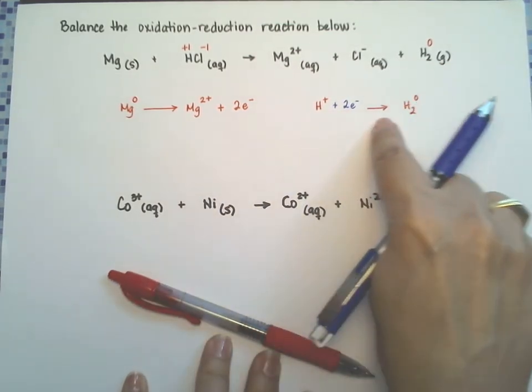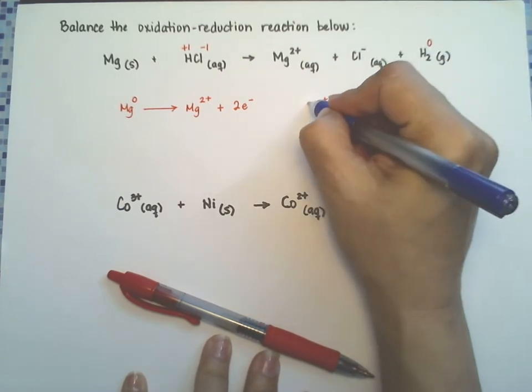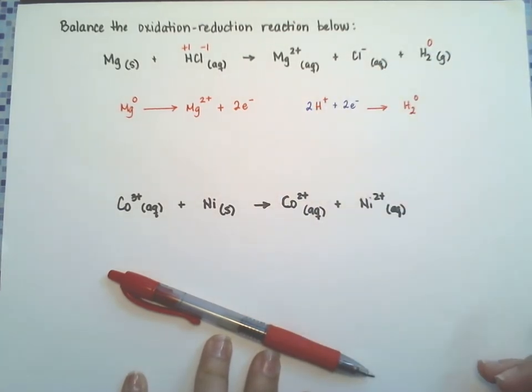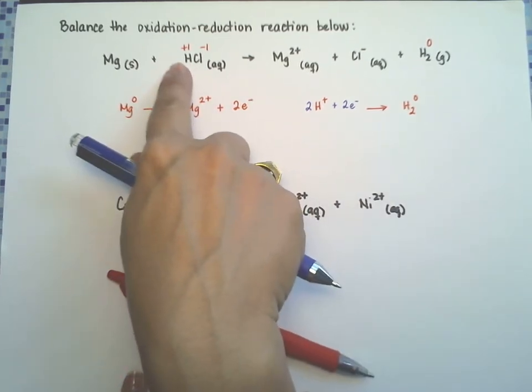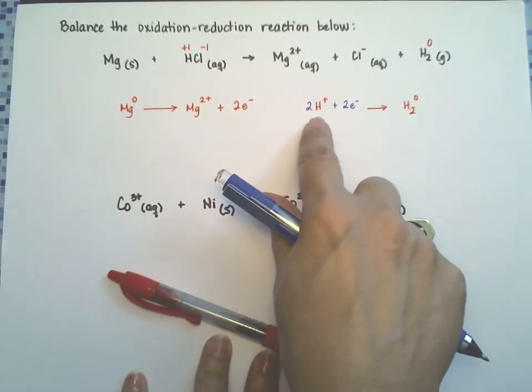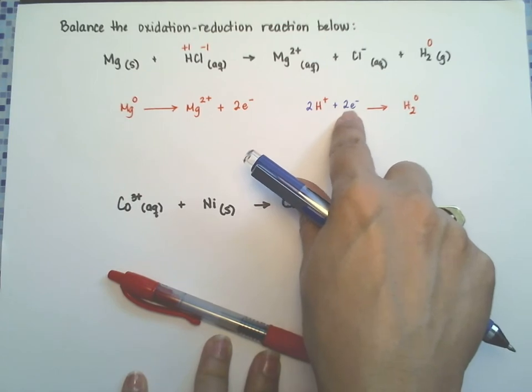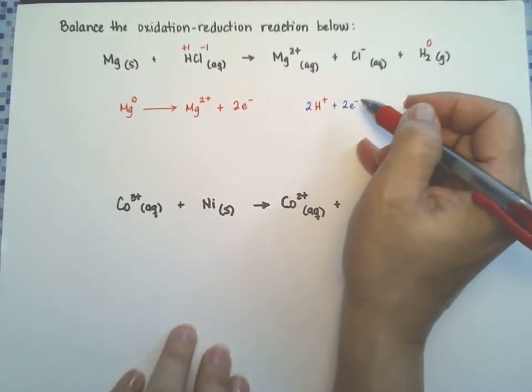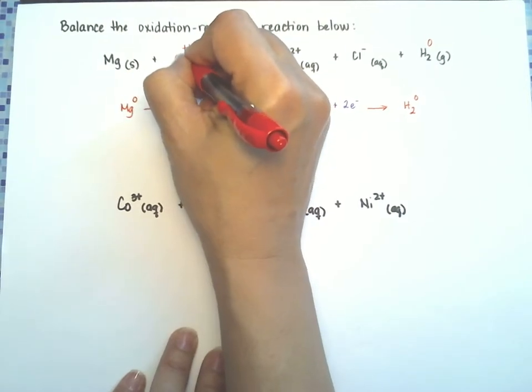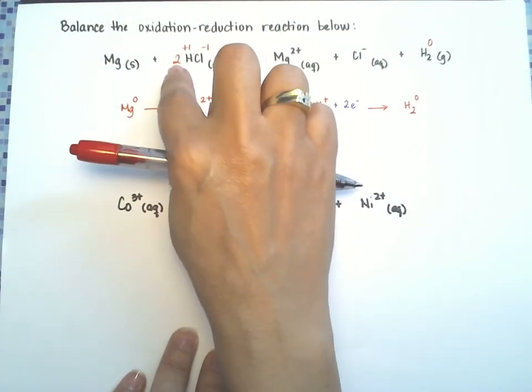That means that I need to balance this equation, so I'm going to need 2 of those hydrogens. So now I have to put that 2 up here because I need 2 of those protons so that they can take the 2 electrons, and I need to keep a balanced equation. So I'm going to put that I need 2 hydrogens here.